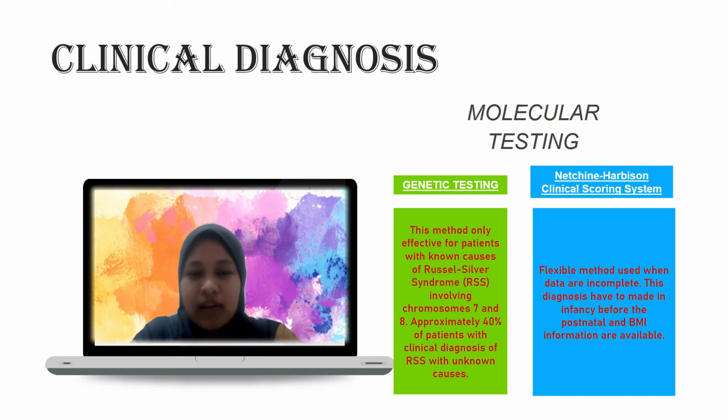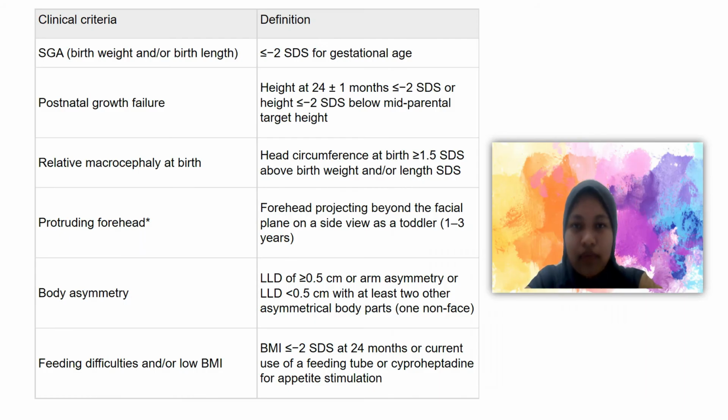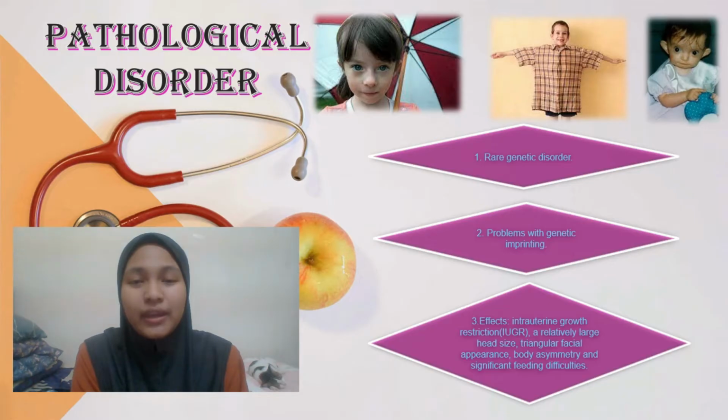It is flexible to use, even when the data are incomplete. The diagnosis has to be made in infancy before information about postnatal growth and BMI is available. This figure shows the NHCSS diagnosis criteria for Russell-Silver syndrome patients. Next, I will pass this presentation to Nurin.